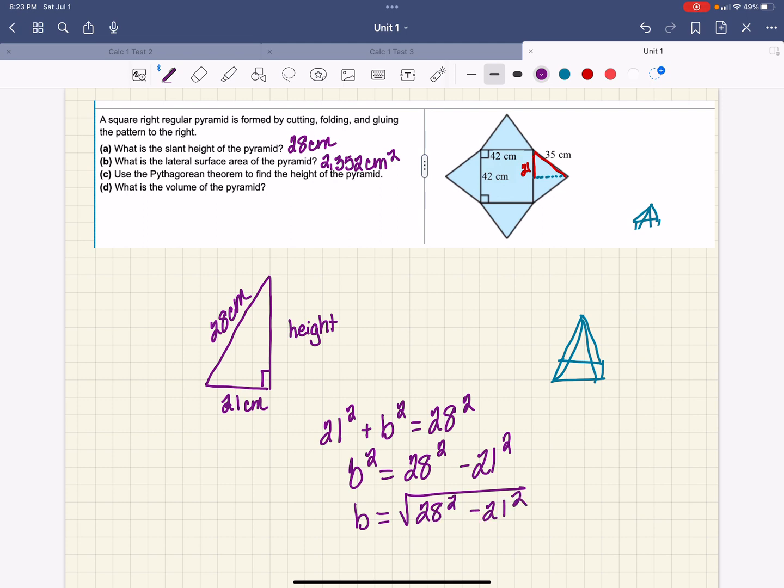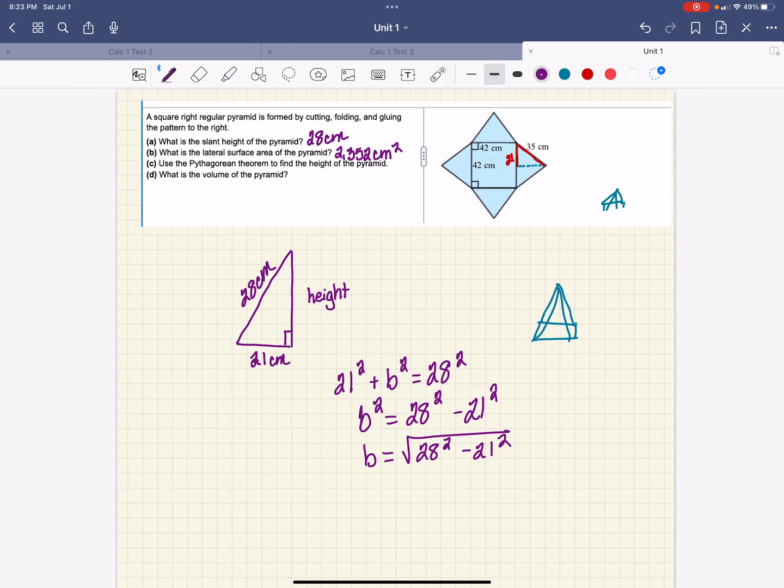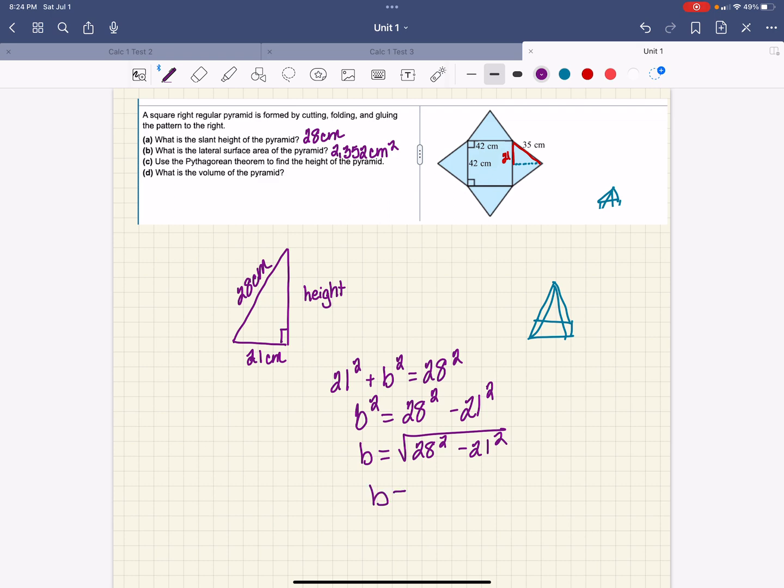And again, all of these are positive values because we're talking about distance. Okay, so you're going to plug that in your calculator. Be careful with your keystrokes in that calculator. And when you do that, you're going to end up with 18.52 centimeters. And again, we're still talking about centimeters.